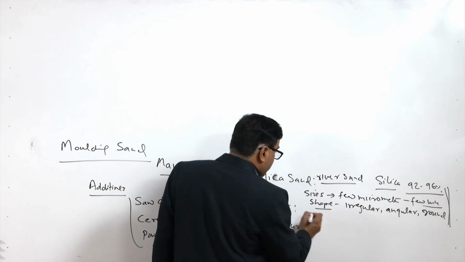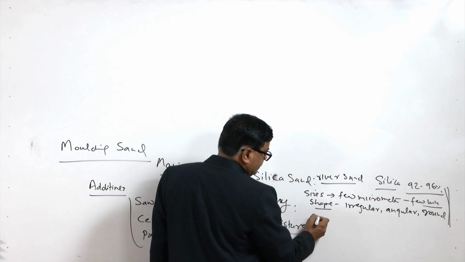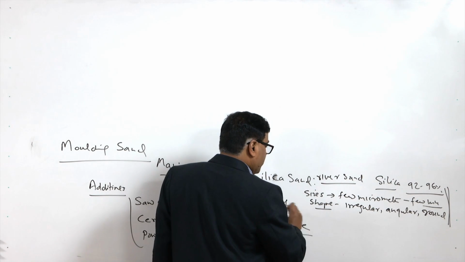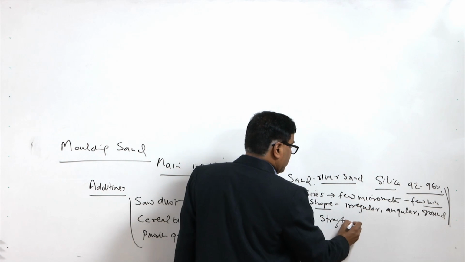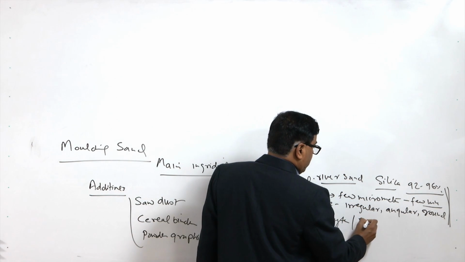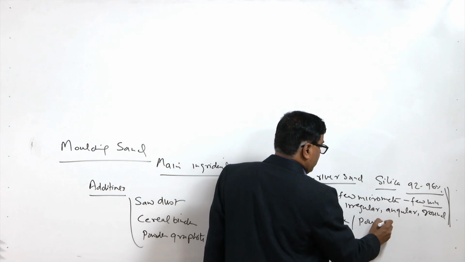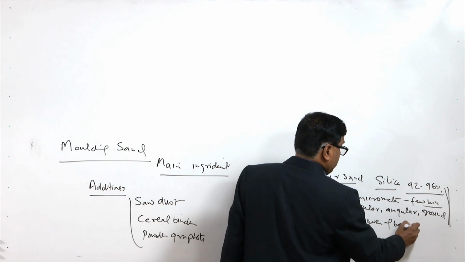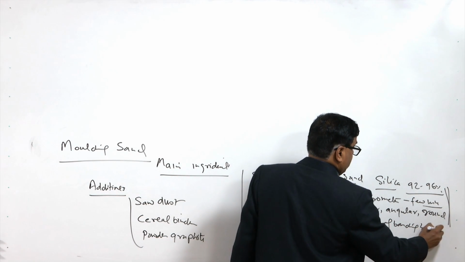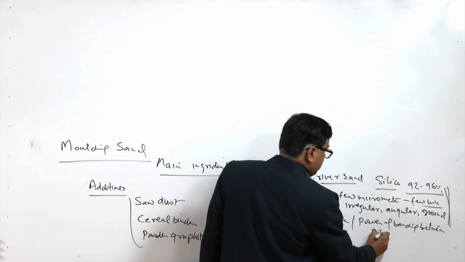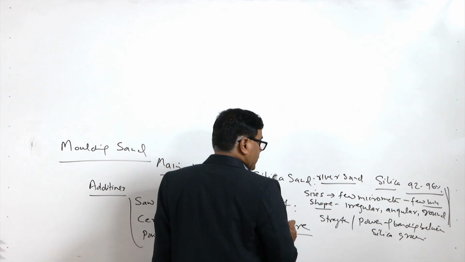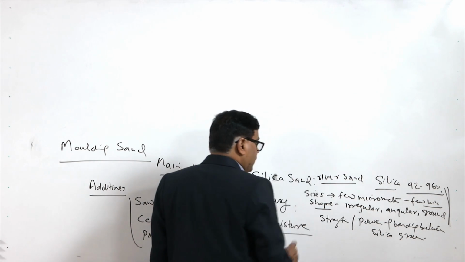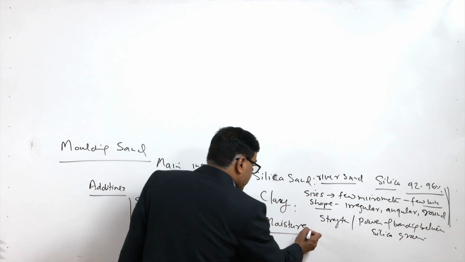Clay provides the required strength or power of bonding between silica grains. This is their bonding, and moisture.